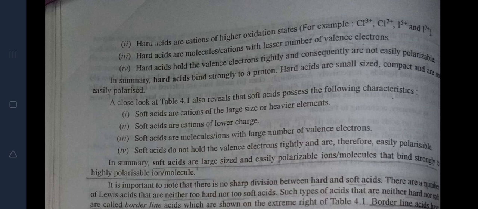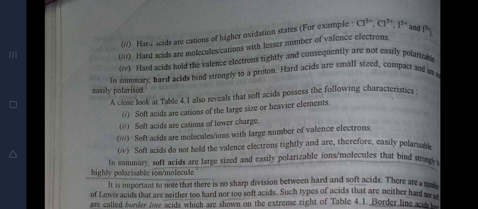Hard acids hold the valence electrons tightly and consequently are not easily polarizable. In summary, hard acids bind strongly to a proton. Hard acids are small sized, compact, and not easily polarized.